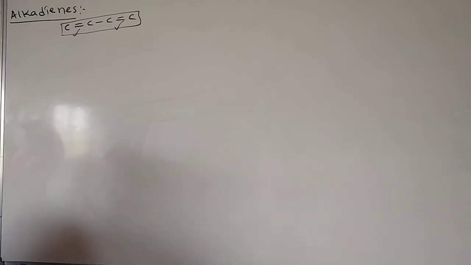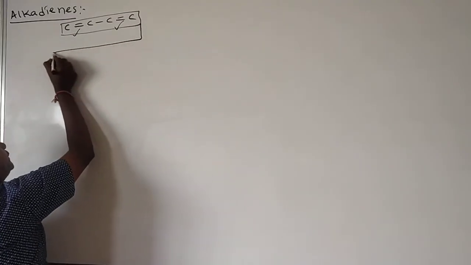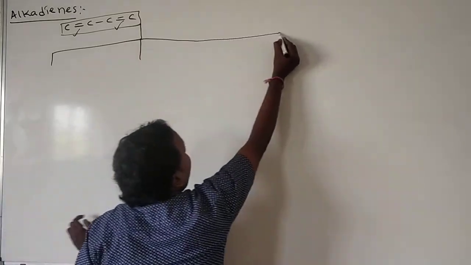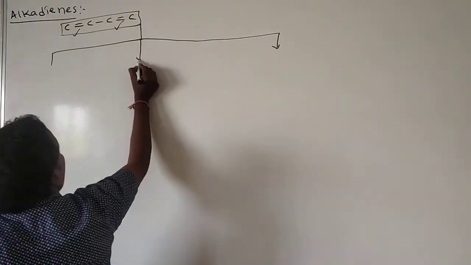These alkadienes are classified into three types based on the position of double bonds.